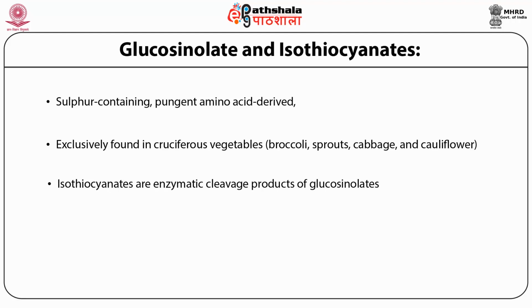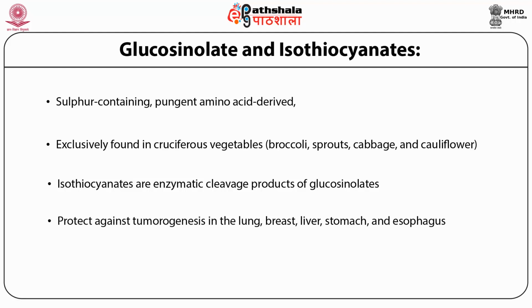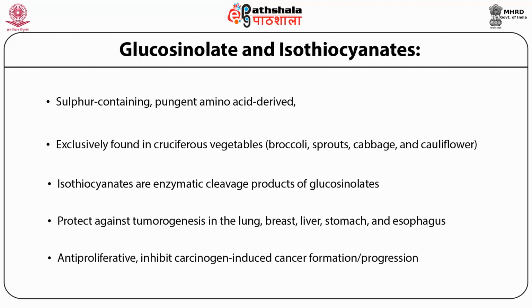Isothiocyanates are enzymatic cleavage products of glucosinolates. They have been reported to protect against tumorigenesis in the lung, liver, stomach, and esophagus. They have anti-proliferative effects. They inhibit carcinogen-induced cancer formation and progression.